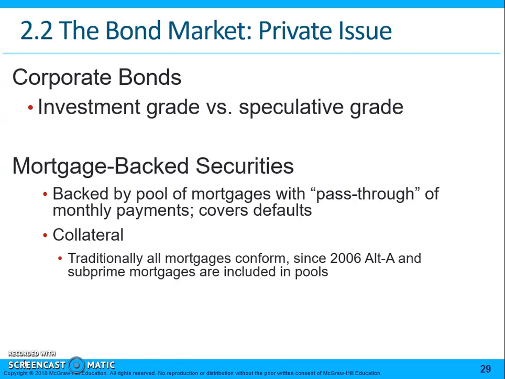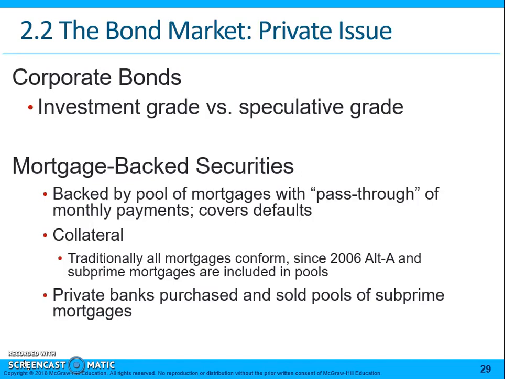This played a major role in the financial crisis. The conforming mortgages traditionally have default rates at a minimum of 3 times less than the non-conforming mortgages. So there's a huge difference in the default rates of the different types of mortgages.